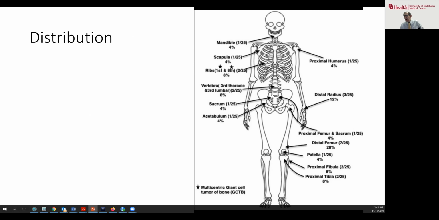So it's not entirely exclusive to the extremities, though by far and wide the most common presentations are around the knee, sometimes in the shoulder or in the hip joint areas, the large joints of the body.